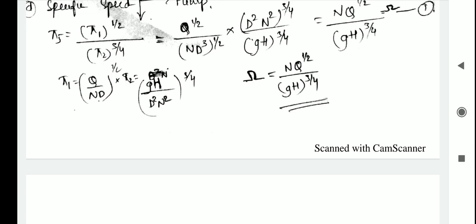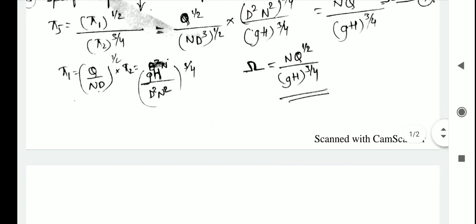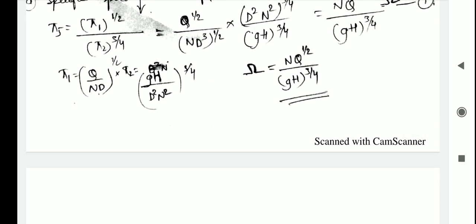So let pi phi be equal to pi 1 raised to 1 by 2 divided by pi 2 raised to 3 by 4, which is equal to Q divided by N D cubed, whole raised to 1 by 2, divided by g H divided by N squared D squared, whole raised to 3 by 4. So you will get pi phi equal to N into Q raised to 1 by 2 divided by g H whole raised to 3 by 4.